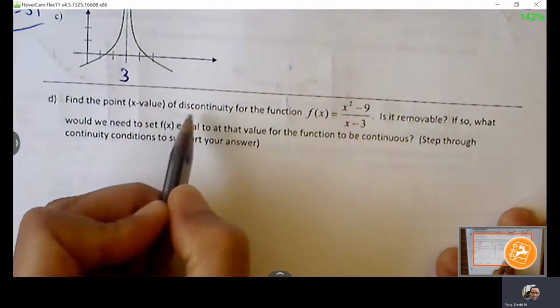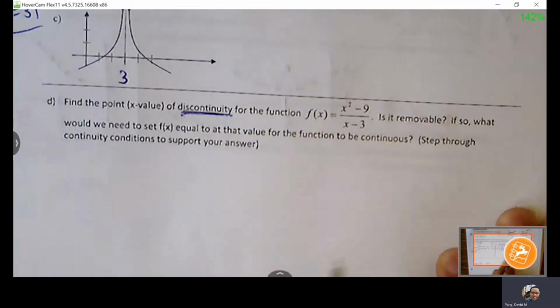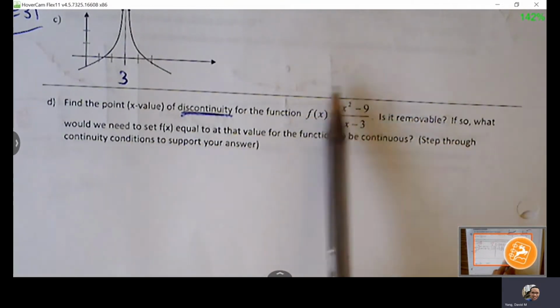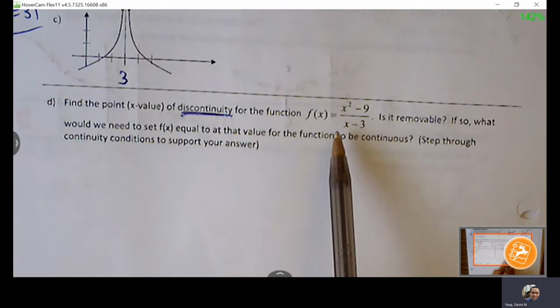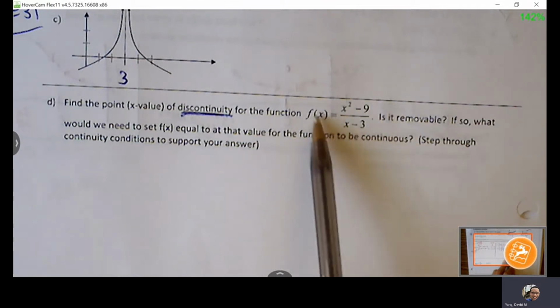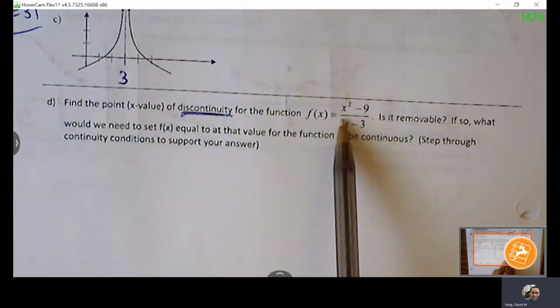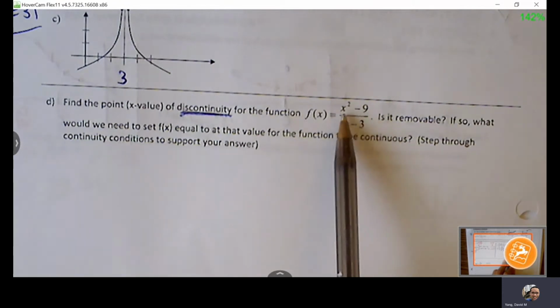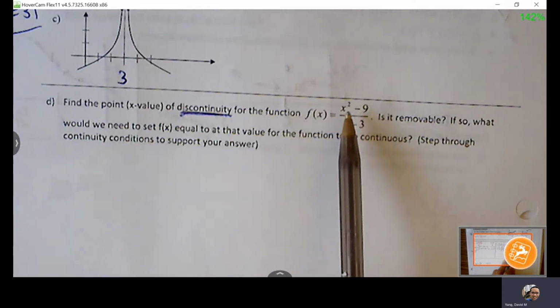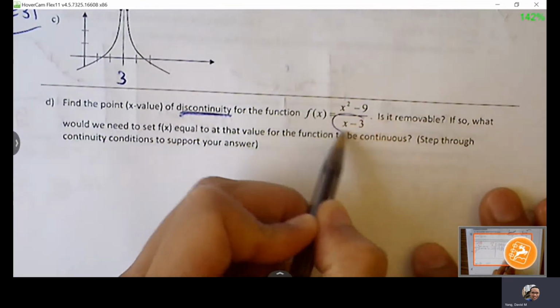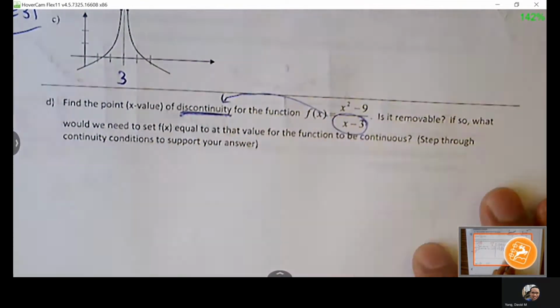If you don't have the graph in front of you, where do we look in the function to look for discontinuity? Yeah, the denominator, right? The numerator could give us x-intercepts, but it's really the denominator that is going to give it away. So we're looking at the denominator for discontinuity.